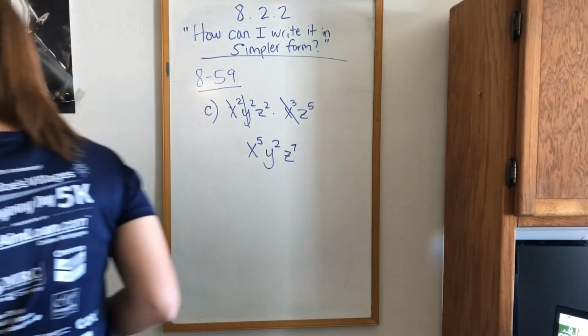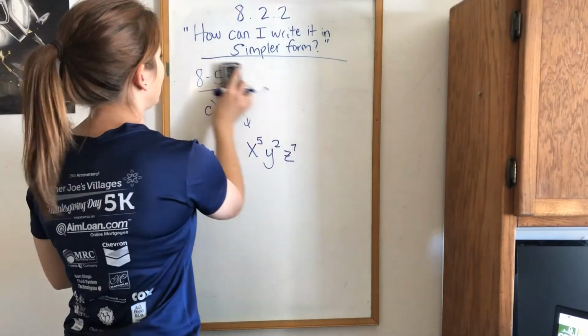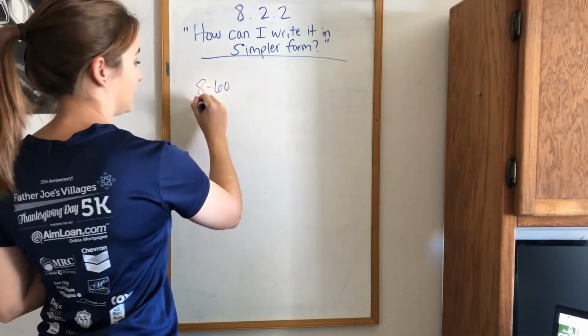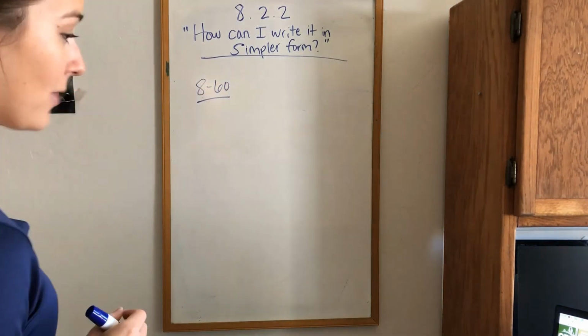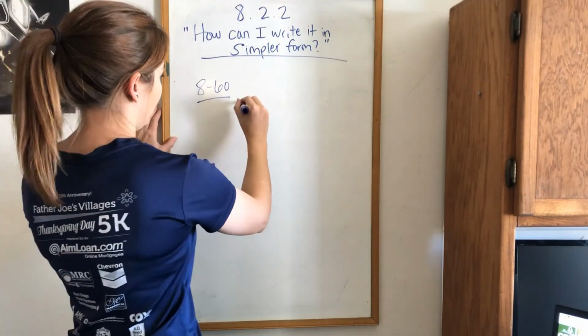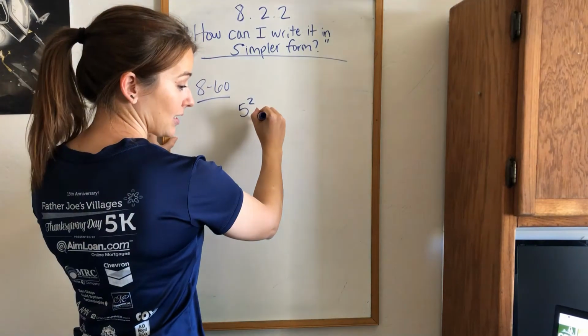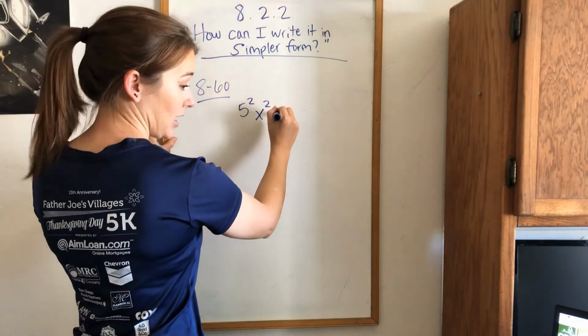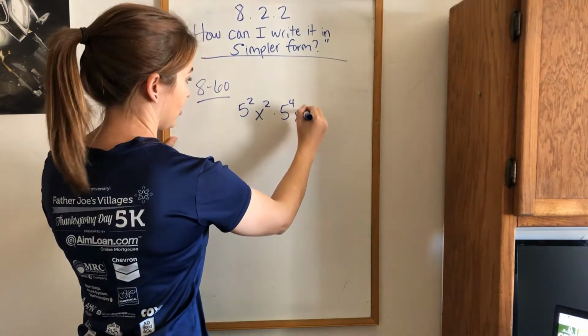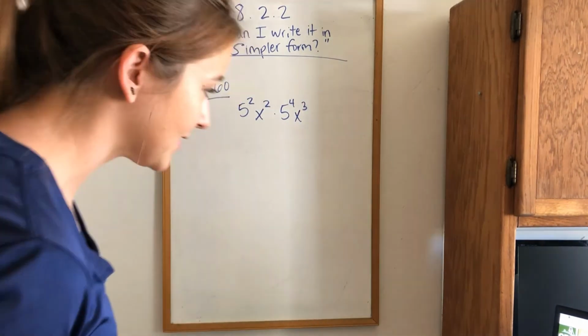8-60. So that's 8-59, we're going to 8-60. Aaron wants to rewrite the expression 5 squared times x squared times 5 to the 4th times x to the 3rd in simpler form.